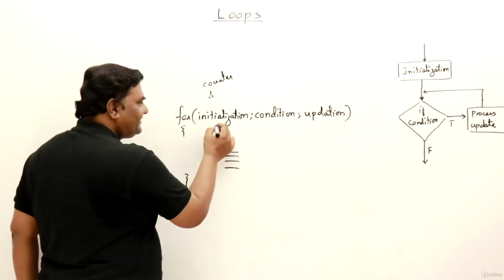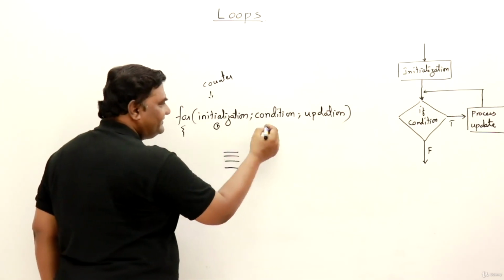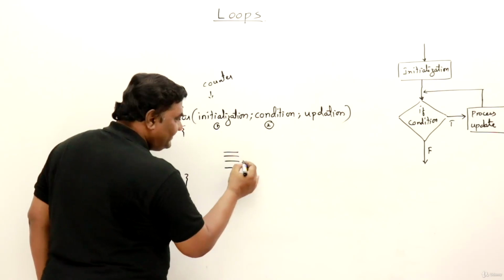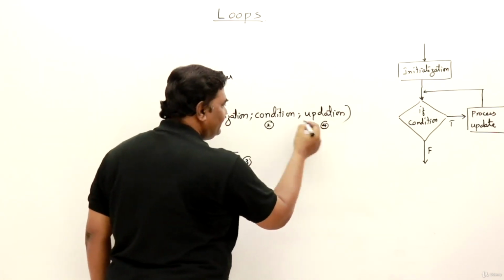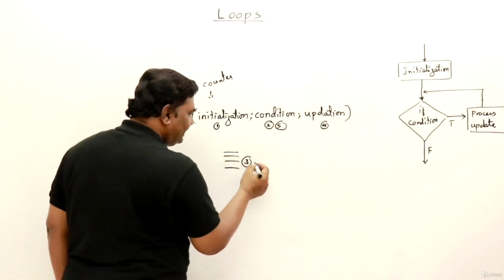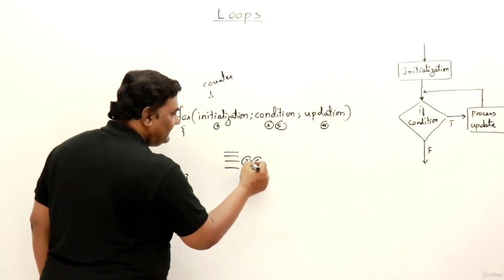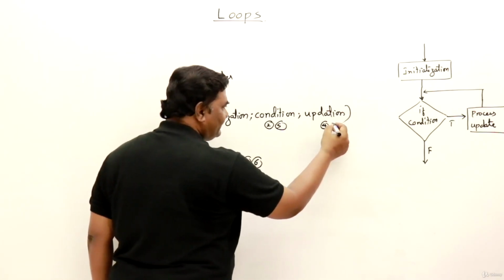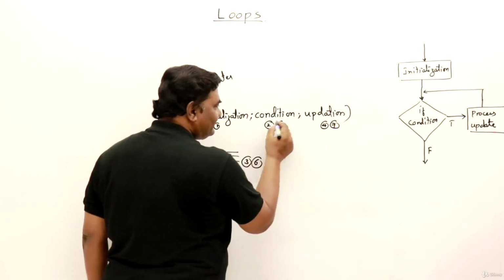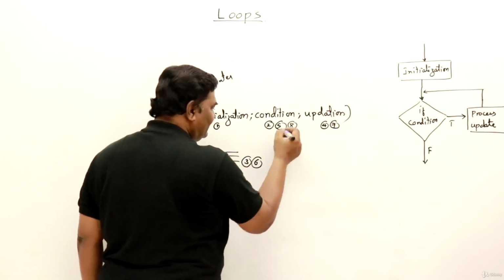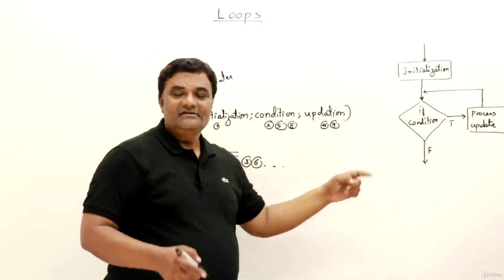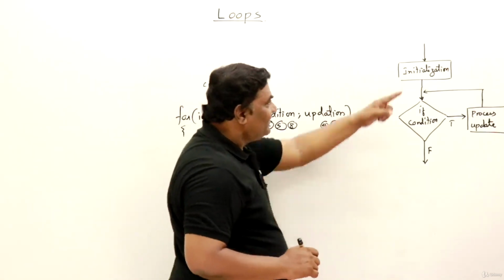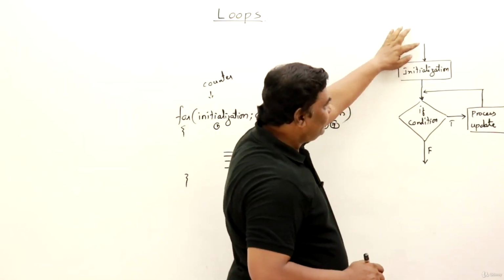Though we are writing 3 parts here, the first part is initialization, the second part is the condition, and then the body is executed, this is the third step. Then the fourth step is updation, then again the condition is checked, then again the body is executed, then again updation is done. These 3 things will be done repeatedly. Here in the diagram, the flowchart shows the flow of the program.